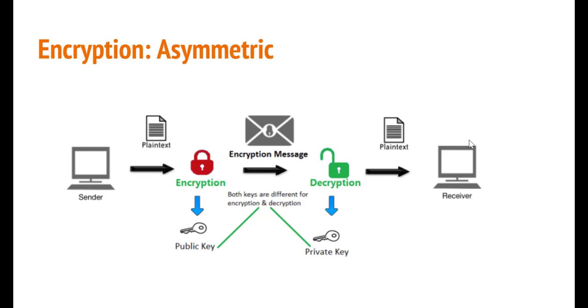This public key and private key are generated in such a way that they form a key pair. That means once a message is encrypted using a particular public key from a specific key pair, that encrypted message can only be decrypted using the private key of that particular key pair. So this thing we have to remember.